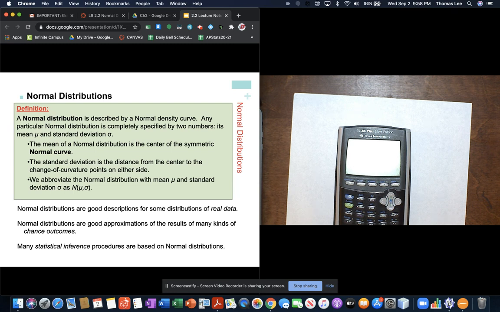I think I gave you 3 different examples: biological characteristics or biological functions, then standardized test scores like the SAT or ACT, and then finally things that are automated by machines, like a conveyor belt that fills up soda cans.